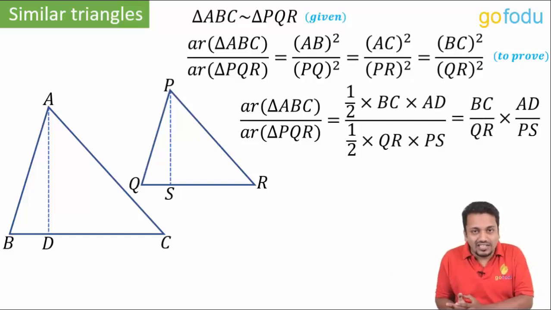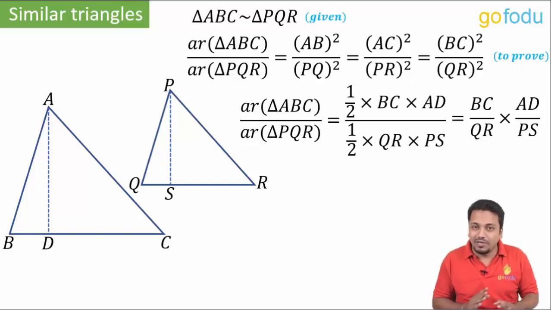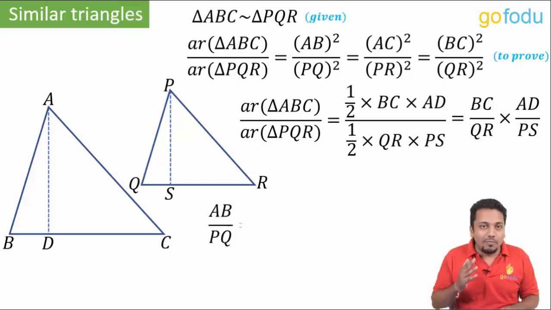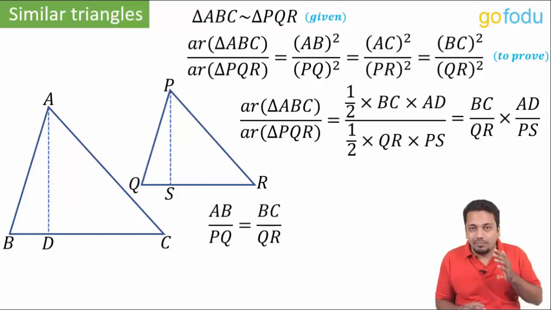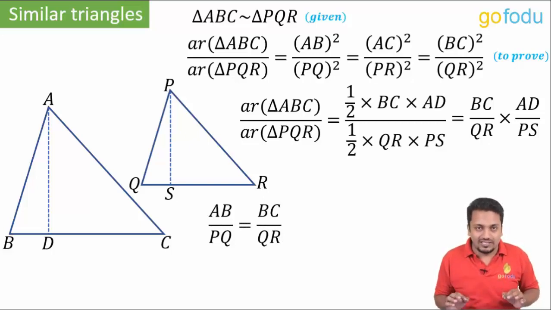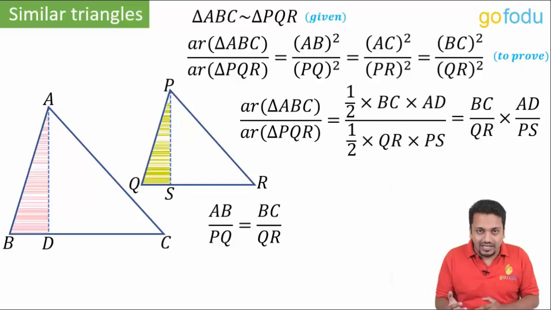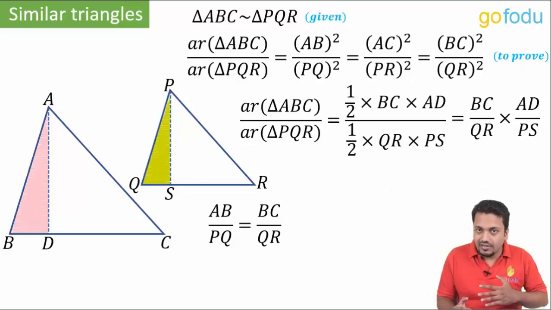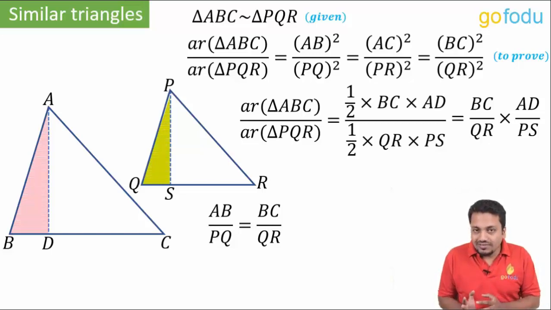Now these two triangles are given as similar, so one thing can be written directly. AB upon PQ is equal to BC upon QR, ratio of sides, right? Ratio of corresponding sides is equal. Now if I take these two triangles, right, can they be proved similar? Angle B is equal to angle Q. Why?